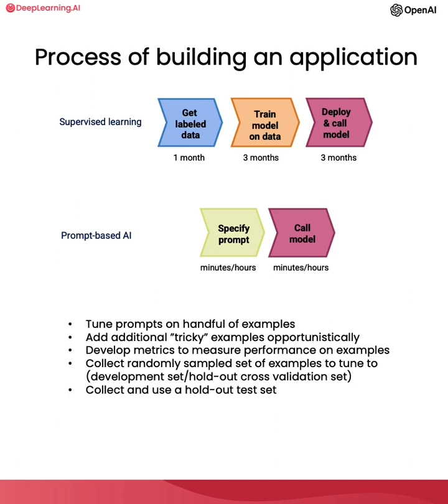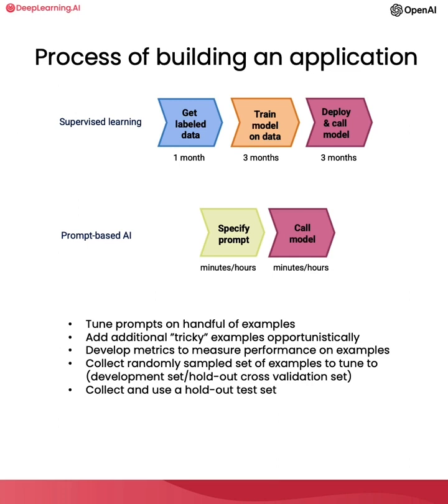If you needed an additional level of rigor, then you now have the software needed to collect a randomly sampled set of maybe 100 examples with their ideal outputs, and maybe even go beyond that to the rigor of a holdout test set that you don't even look at while you're tuning the prompt. But for a lot of applications, stopping at bullet 3, but there are also certain applications where you could do what you just saw me do in this Jupyter Notebook and get to a pretty performant system quite quickly.